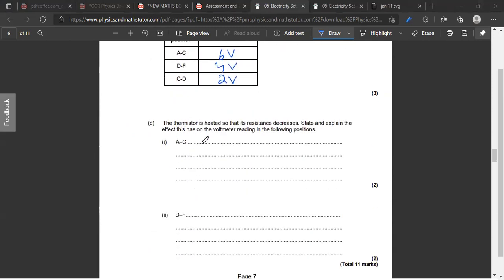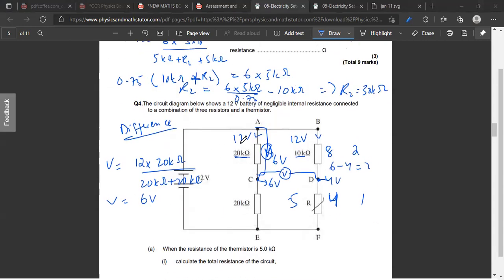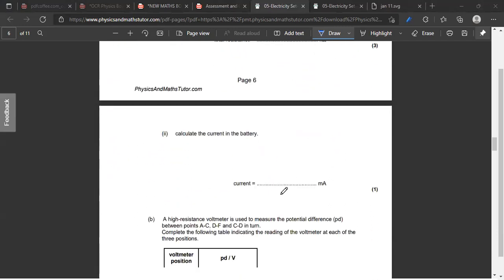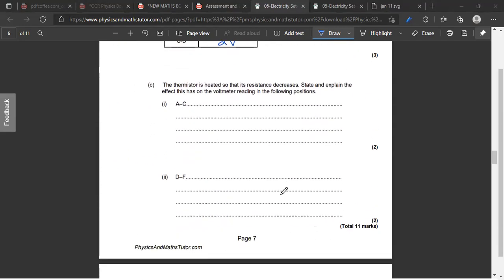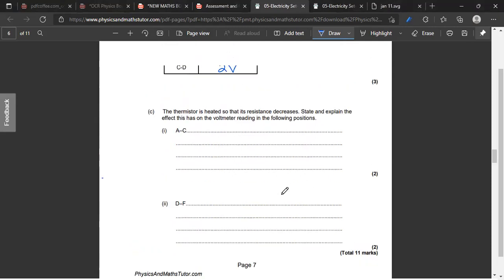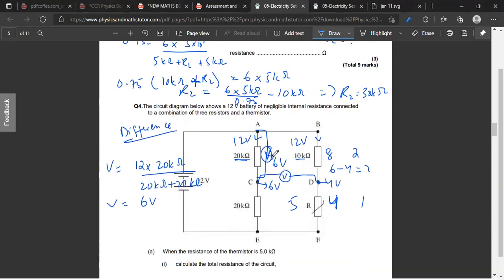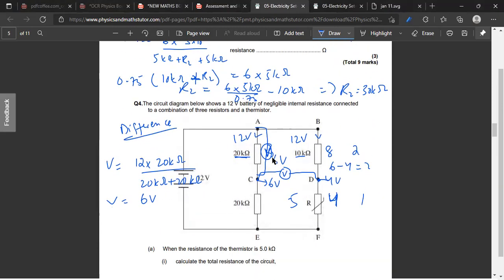Okay, so for C, the thermistor resistance decreases; explain the following for position AC. Actually, we have to find what effect it has on AC. The thermistor is not in the same branch as AC.